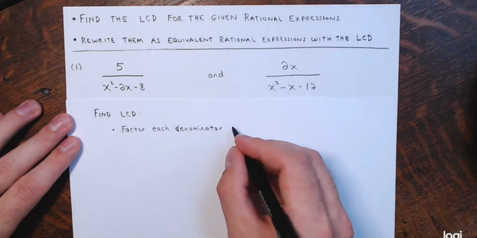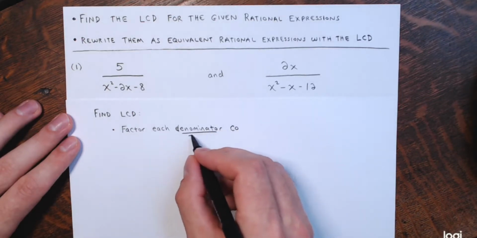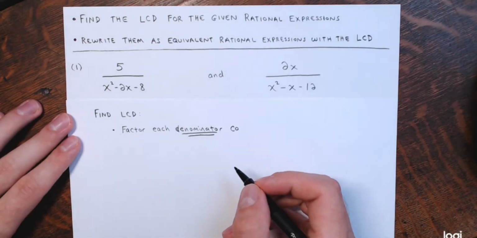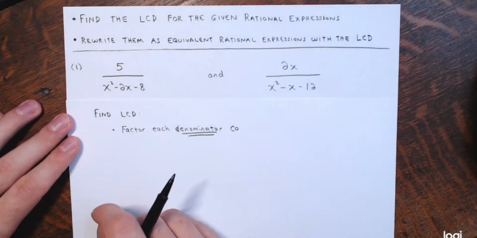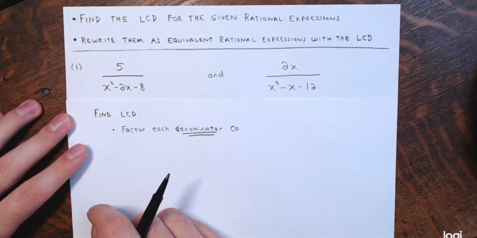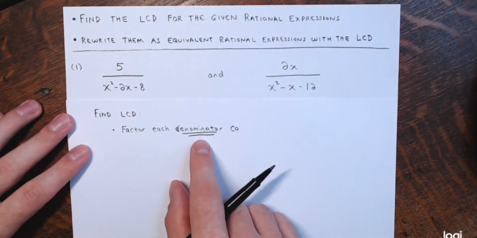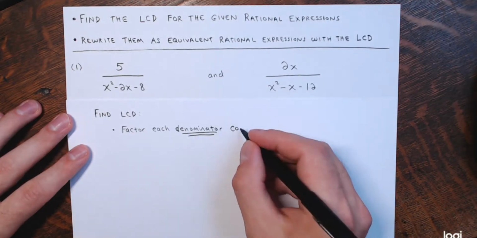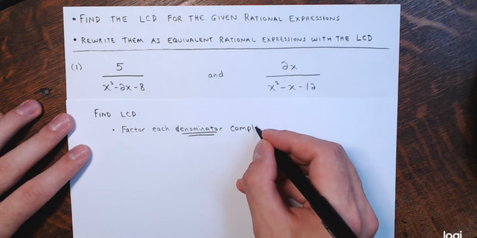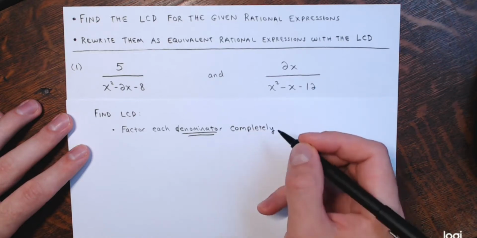Just the denominators, not the numerators. We're only focusing on finding the least common denominator, which is the least common multiple of the denominators. So I'm only going to be factoring each denominator completely at first.